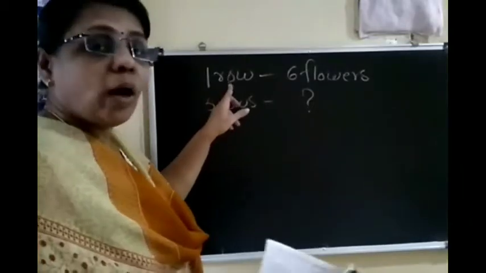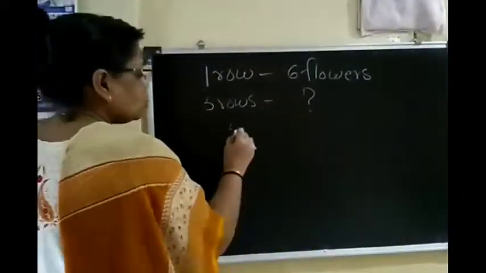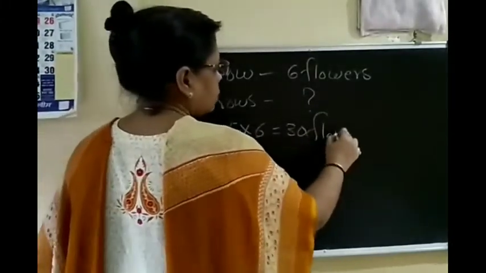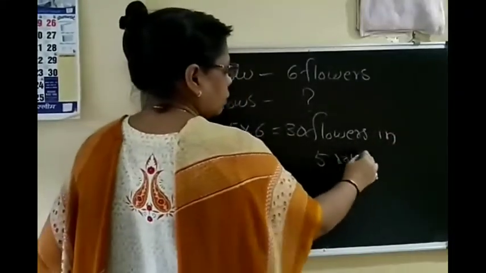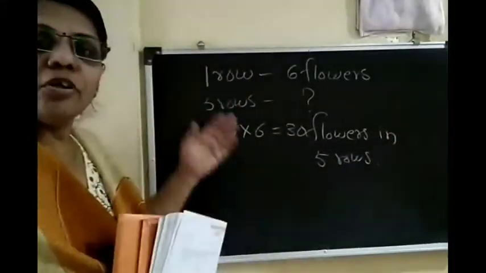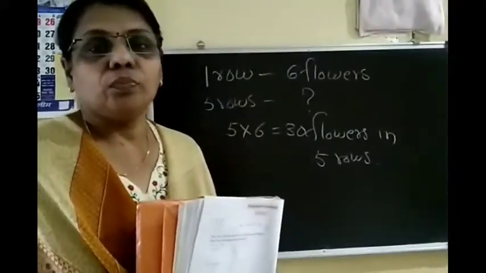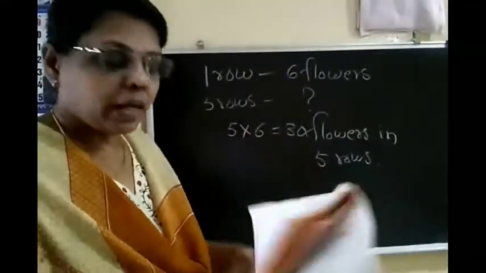In one row there are 6 flowers. There are 5 rows. How many flowers? So simple multiplication, 30 flowers in 5 rows. For this also, table of 5 and 6 should be thorough. This is a simple example, simple multiplication.